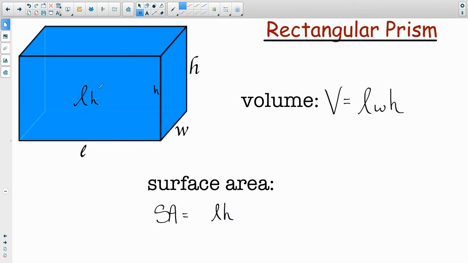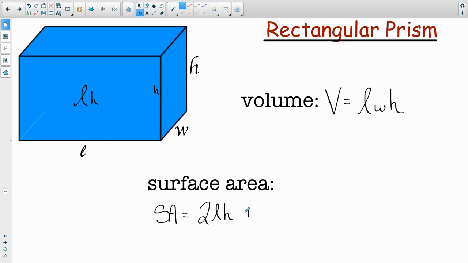However, we just talked a little bit about this being a prism, and there's only one other rectangle of the 6 rectangles that make up this box that's exactly the same as this one, the one all the way in the back on the other side. That's also going to be length times height. So there's 2 of them, so we just say, well, let's multiply that by 2. Well, we've now taken care of 2 of the 6 faces of that box if we were going to wrap it up with paper.